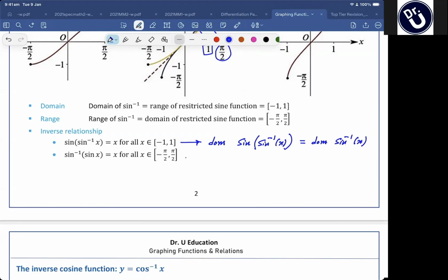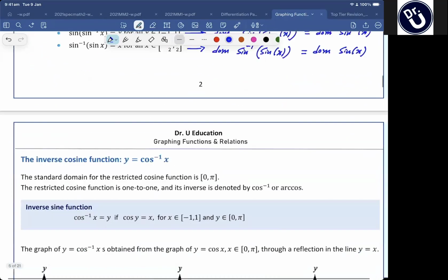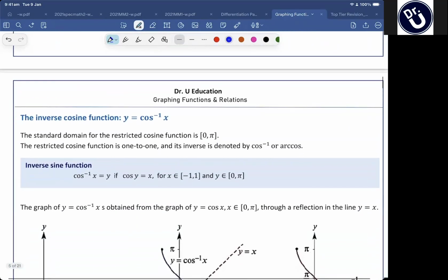Yeah, same here. The domain of sine inverse sine x is equal to the domain of sine x. Yeah, which we already know from math methods as well. We'll do more questions.